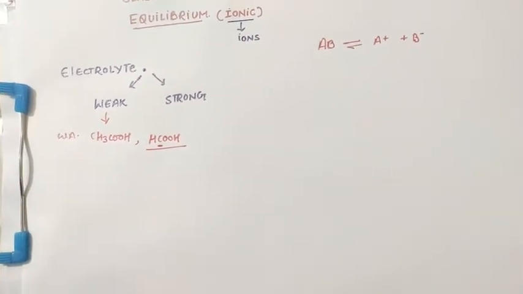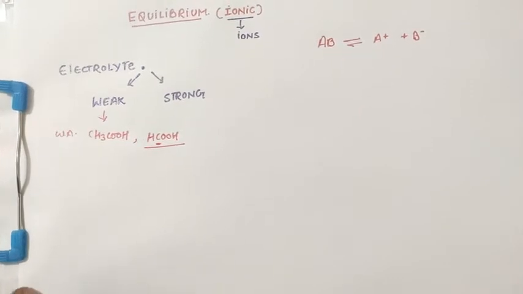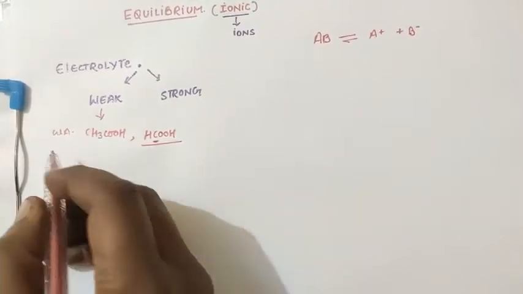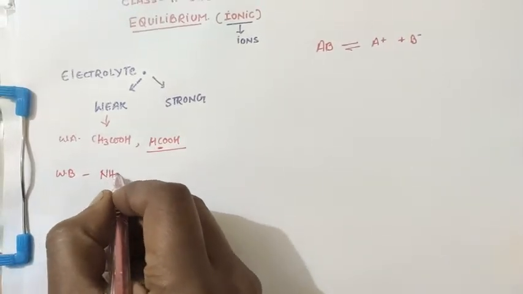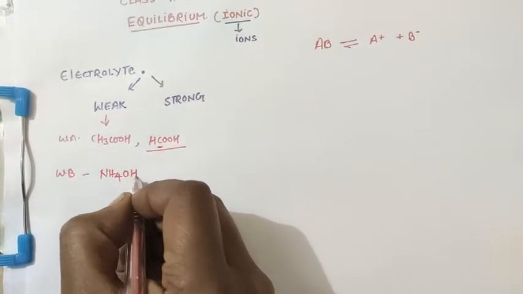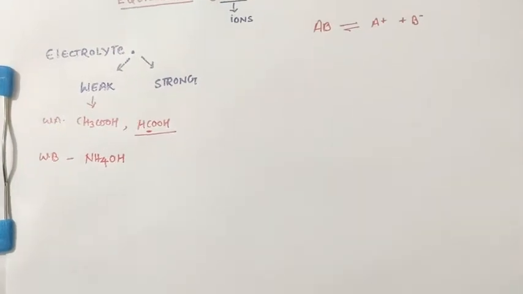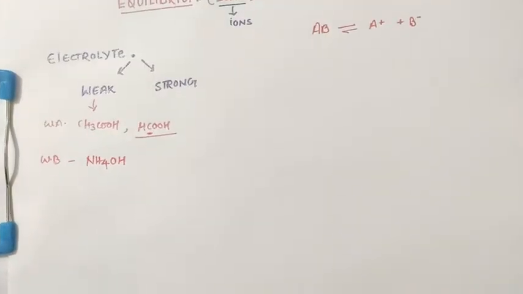Similarly, weak bases, like ammonium hydroxide, NH4OH. But NaOH is a strong base, so it will not be considered a weak electrolyte. NH4OH is a weak base. Similarly a salt: how does a salt form? Acid and base combine to form a salt.